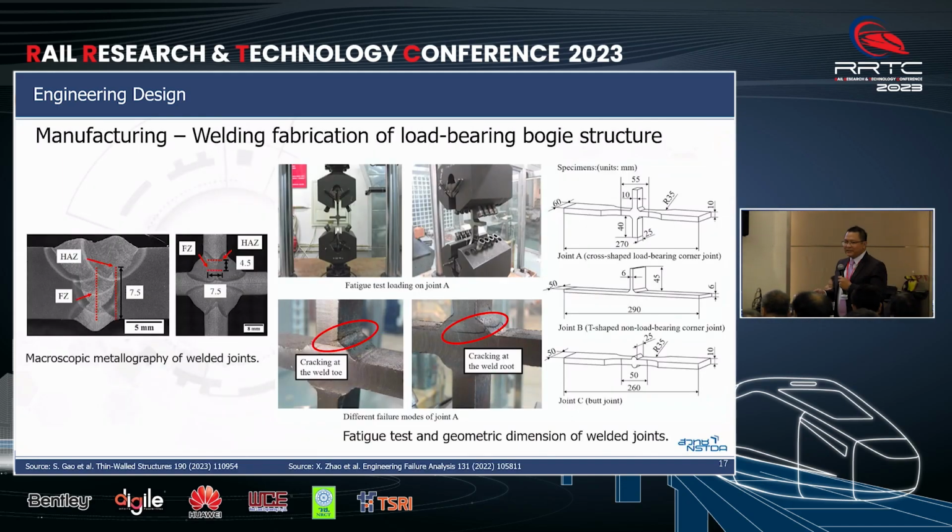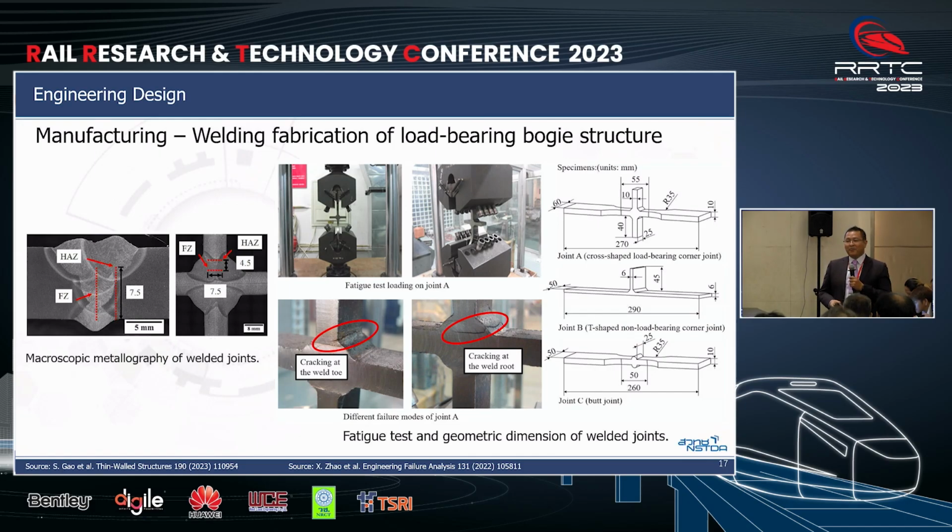Because we are talking about the Y25 bogie, which is classified as a fabricated bogie, fabrication means that we are going to use welding in the manufacturing mainly. So what happens if we conduct welding in the steel structure? We need to be concerned about the fatigue property.